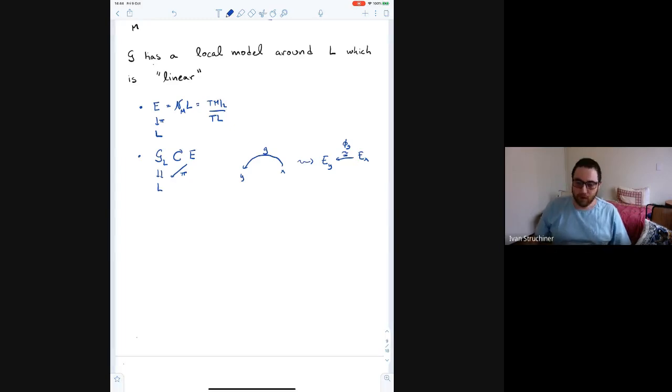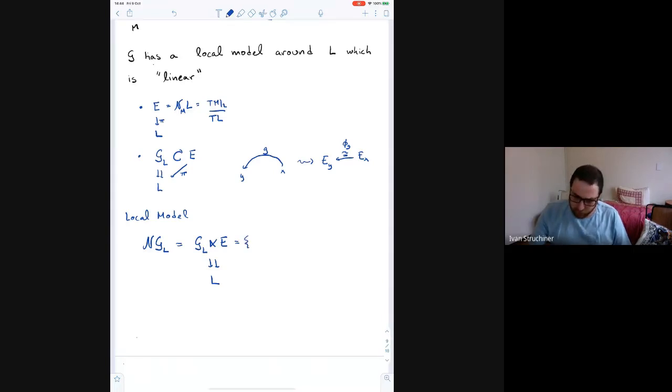Okay. And then the local model, which is like this linear picture that you have. So it's linear in one direction at least. And it's usually denoted by N of G_L. This is just the action groupoid of G_L on E over L, right? So this is precisely the same thing as I told you about the actions of groups, right? So this is just a set of all pairs (g, e), but now you need to be able to act with g on e.